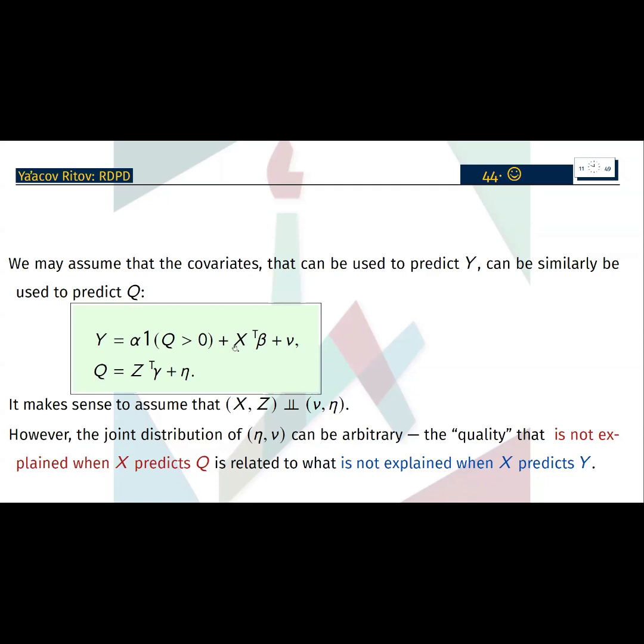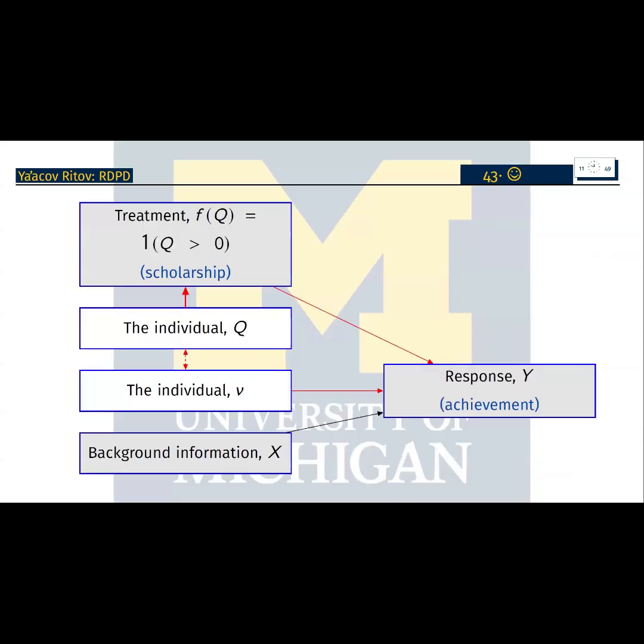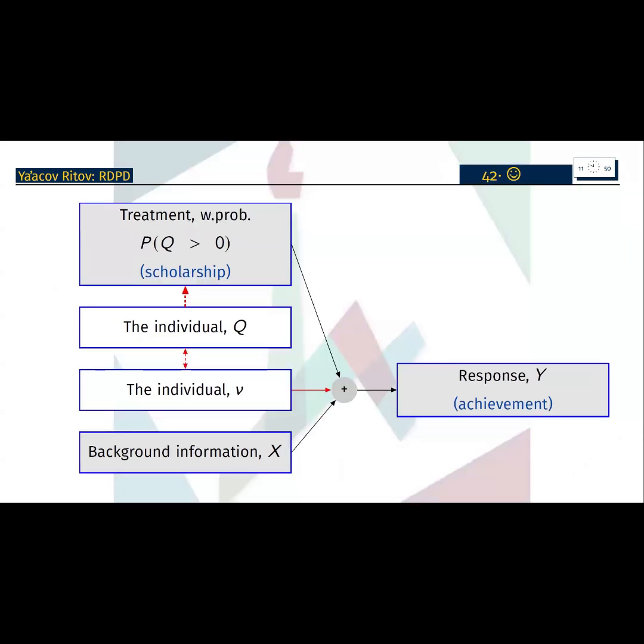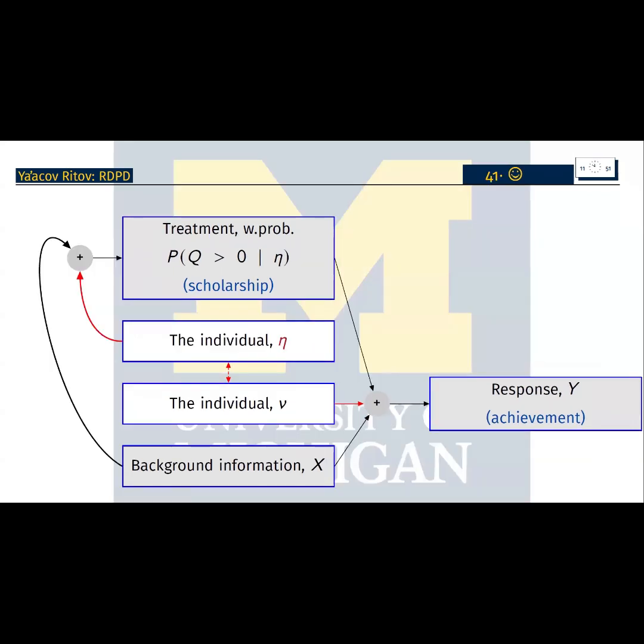What I cannot explain by x here is probably related to what I cannot explain by z here. So I have the same graph as before, but I take into account the relationship between q and the explanatory variables. In this graph, x and z are basically the same, the background information.